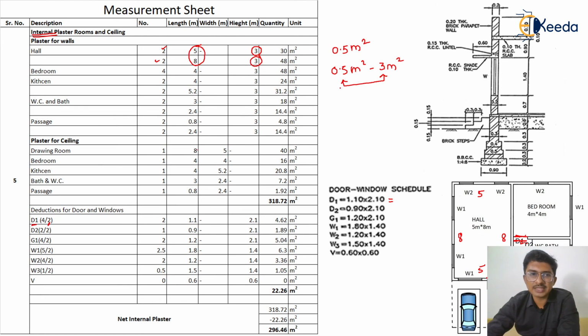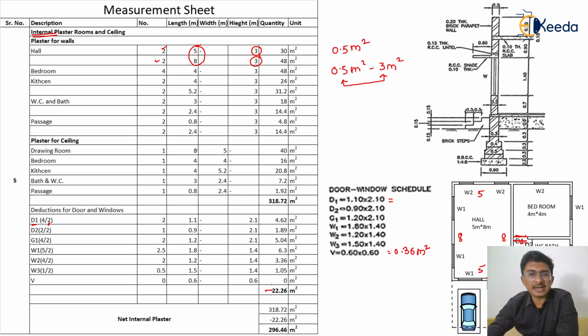If the area is between these two, I am going to use half of the openings only, meaning half deduction will be done. The same will be done for the others, and for the ventilator, the area comes out to be 0.36 meter square, which is less than 0.5 meter square. So obviously there will be no deduction for the ventilator.